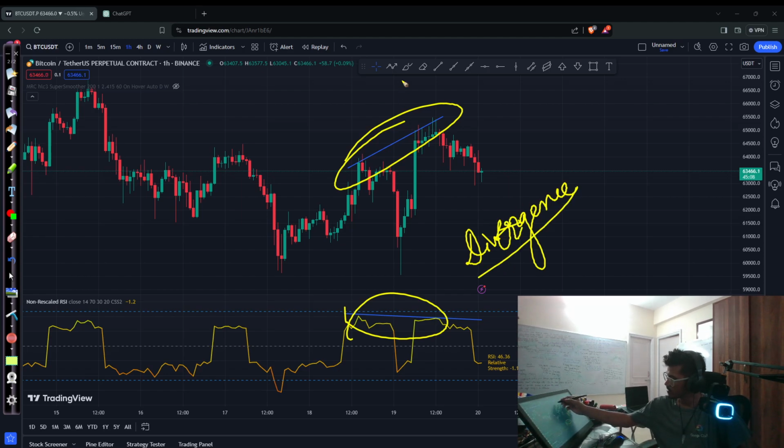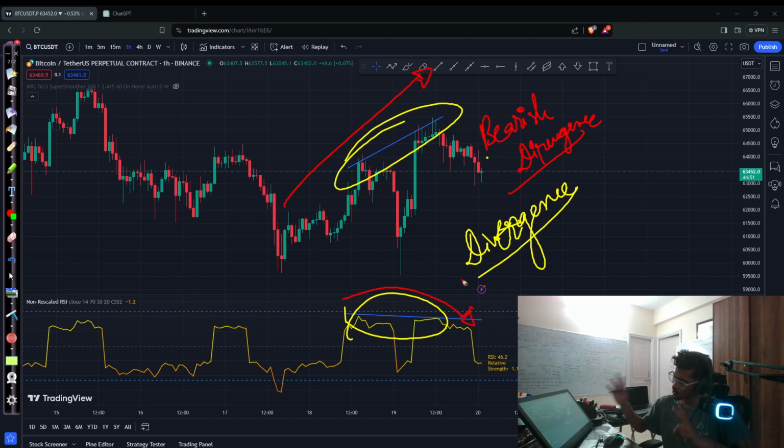And what kind of divergence is it? It is bearish divergence. Why? Because price was going higher while the indicator was telling the truth. The indicator was going down, telling us that it is going down, while the price was fooling us.